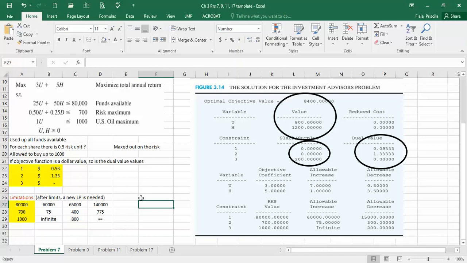Once you're out of this range, any of these ranges for constraint 1, constraint 2, constraint 3, then your dual values are not going to be reliable, and therefore you would have to develop a new linear programming model. And you should know by now that working on a linear programming problem can be time consuming.